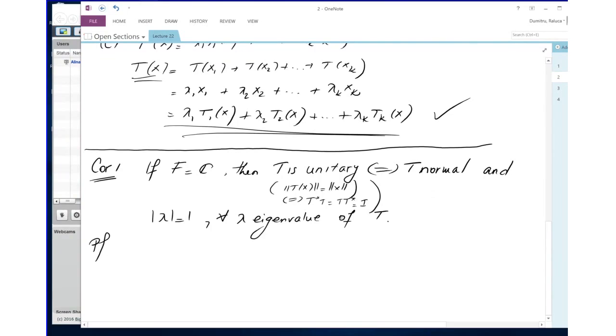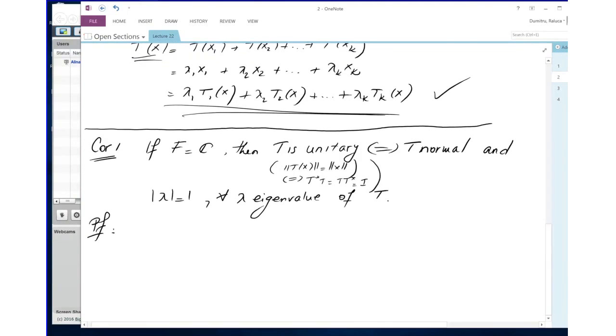So here's how it goes. Well, one direction will be the same as before, because if you assume that T is unitary, then according to that theorem that I already mentioned, T is normal, right?